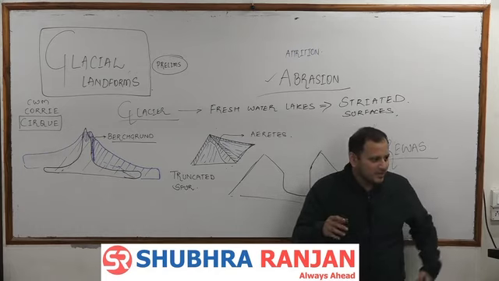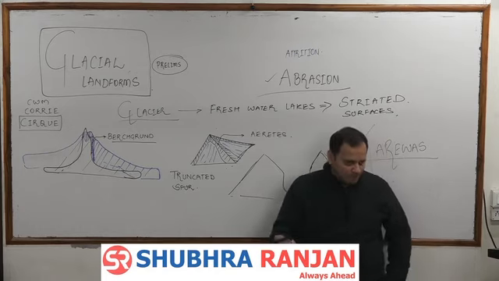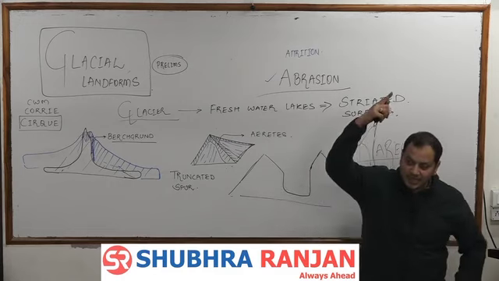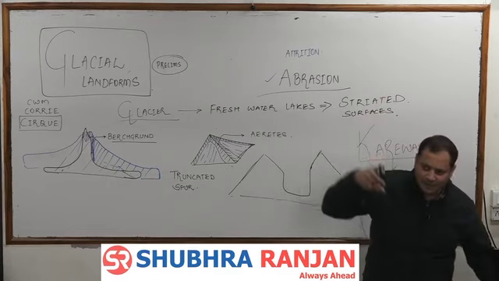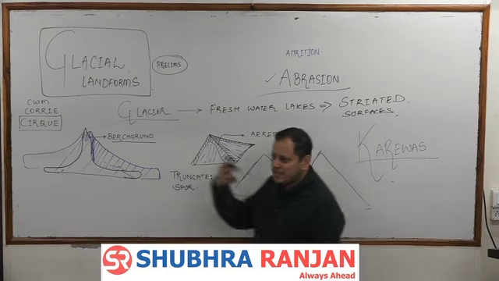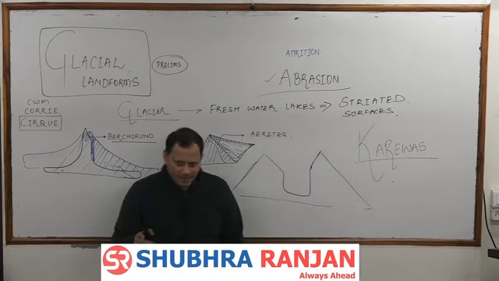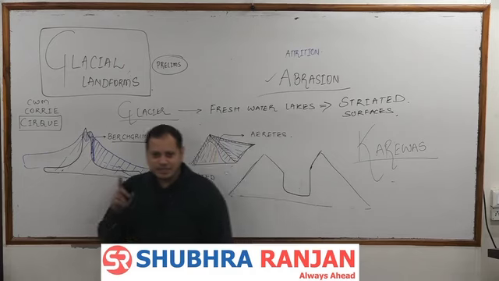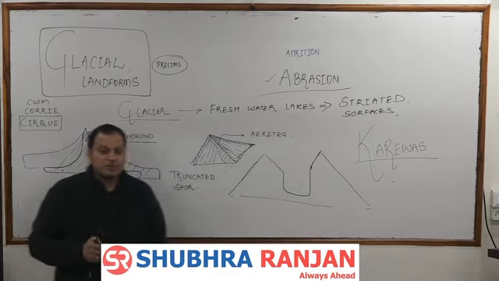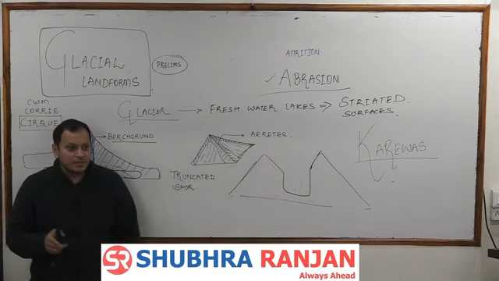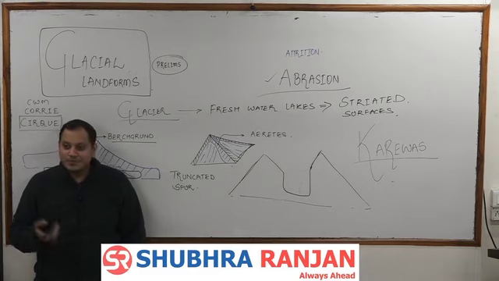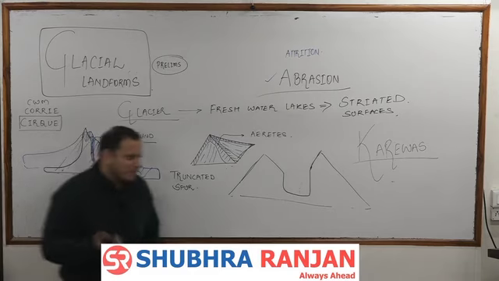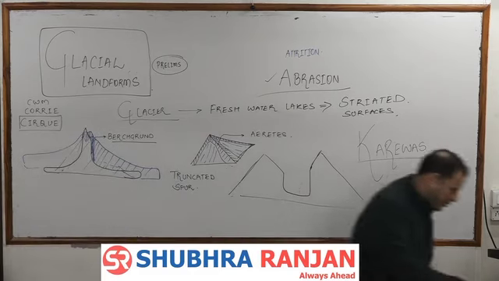Yamuna क्या है? Tributary glacier. Yamuna is a tributary of river Ganga. In the higher reaches, it is flowing as a glacier. फिर नीचे आते आते temperature बढ़ जाता है, and therefore it starts melting. Right? So can we say there is a main glacier and the tributary glacier? So which will be bigger, main glacier or the tributary glaciers? Main glaciers. So main glaciers will be bigger than the tributary glacier.